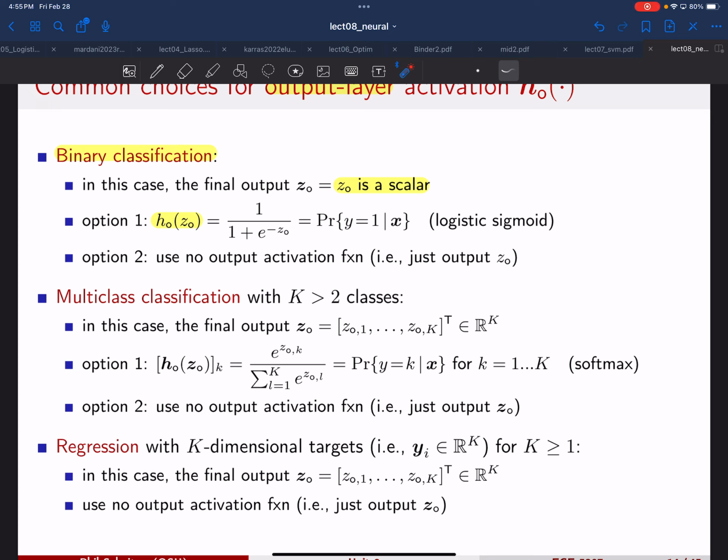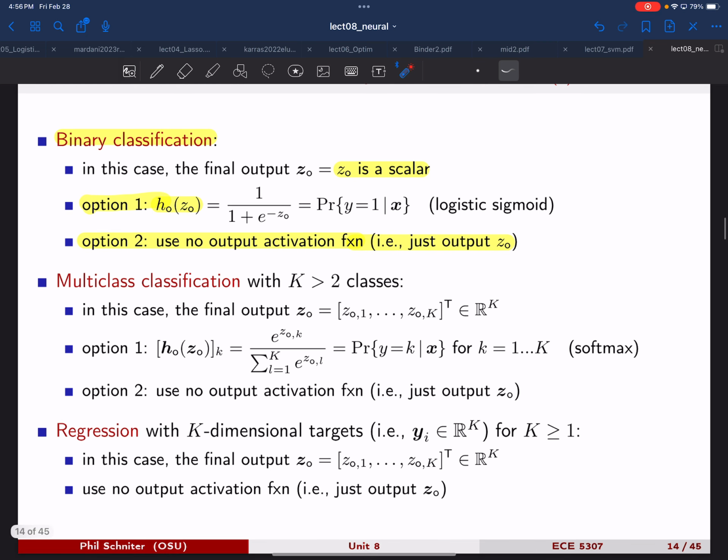Yet in this unit, we actually did build our network by putting the z at the output through this sigmoid, and that allowed us to make that nice picture of the a's that were either 1 or 0. But really, this is optional, whether we want to do this or not. We could either put it through a sigmoid or not. All right, so that's one option. Any questions on that?